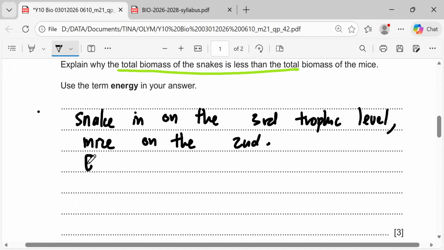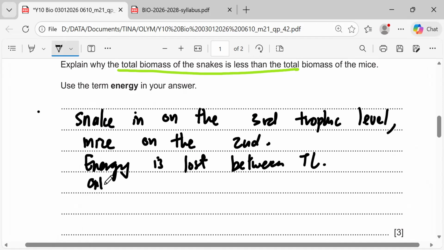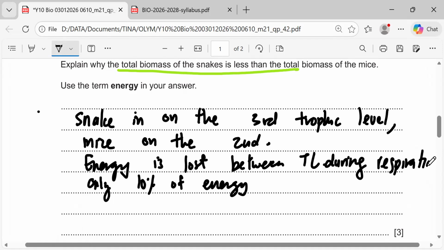Energy is lost between trophic levels. Only 10% of energy is transferred to the next trophic level. Energy is lost between trophic levels during respiration.